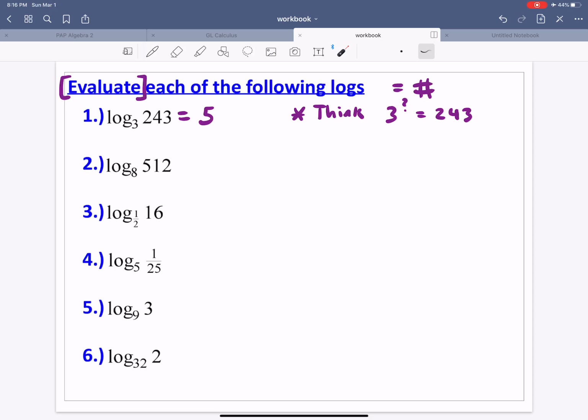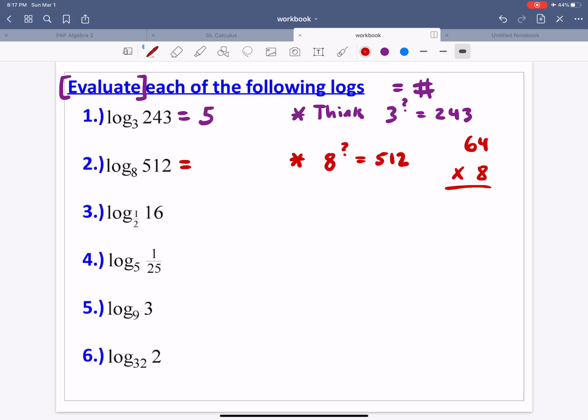Now, if we do another one, so this is log base 8 of 512 is going to equal a number. So on this one, we're going to think about 8 to a mystery power that equals 512. Now, this is one that might be a little bit more tricky for you. We might not automatically know what this is, but 8 to the, I think it's the 3rd power. I don't actually have a calculator on me real quick.